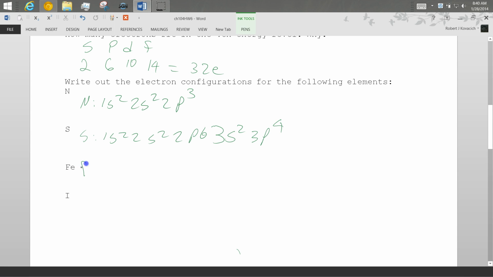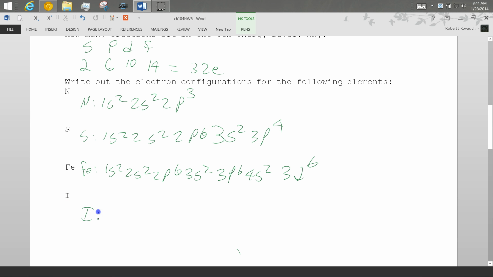So iron, Fe, 1s2, 2s2, 2p6, 3s2, 3p6, 4s2, 3d6.